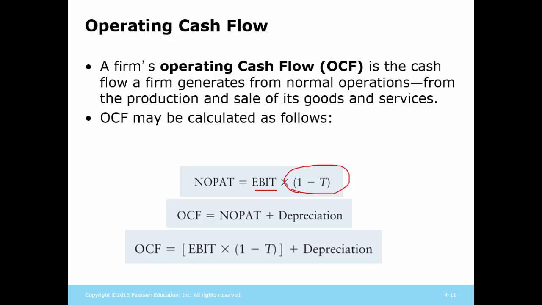So the operating cash flow then is this net operating profit after tax, and you add depreciation to that. So this designates the cash that's generated from normal operations. So we don't have to worry about selling off parts of the company, etc. This only comes from normal operations of the company.